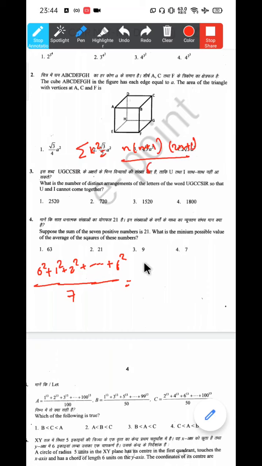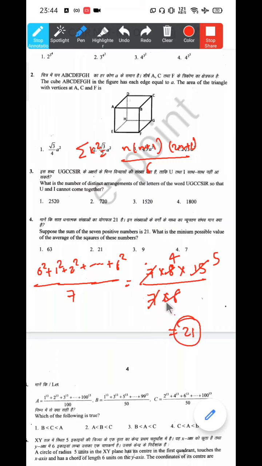So there are actually 7 numbers, 7 into 7 plus 1, that is 8 into 15 upon 6 into 7. 7 cancel, 6 can be written as 2 into 3, 3 5s are 15 and 2 4s are 8, there is 21, yeah, we are getting that. Here we want the least positive number.